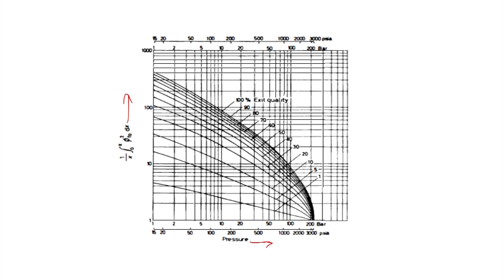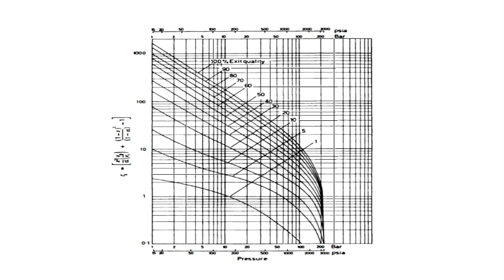Okay. So, we can find phi f o square bar from this graph and then substitute and get the frictional pressure drop delta p f. For delta p a, we need r 2. Martinelli and Nelson had plotted r 2 also.